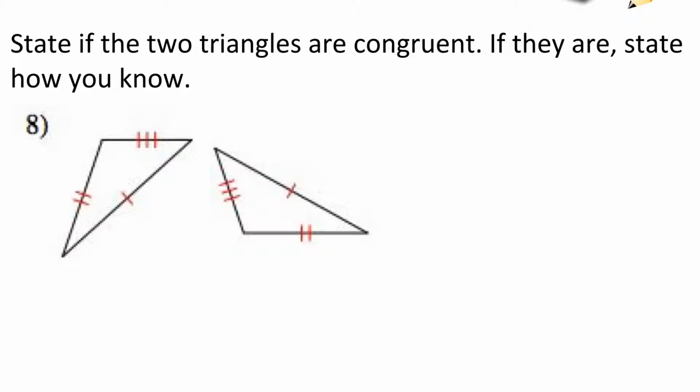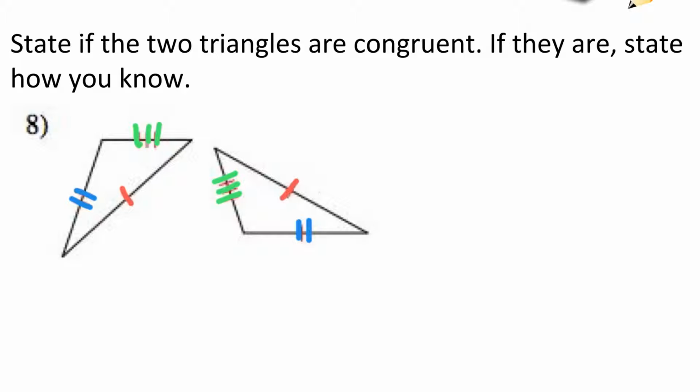Now if we look into another one, state if the 2 triangles are congruent. If they are, state how you know. So this one, I don't know the measures, but I know that because this is 1 tick, that's the exact same measure as that one. Because this is 2, that is the exact same as the one over here, that is also 2. And because this is 3, it's the same as this one.